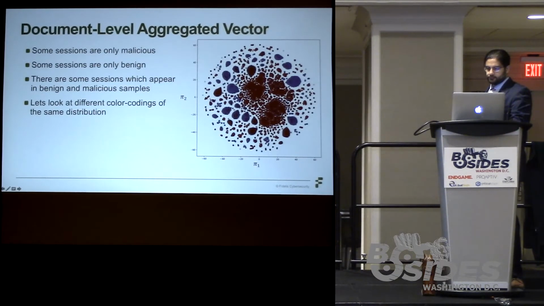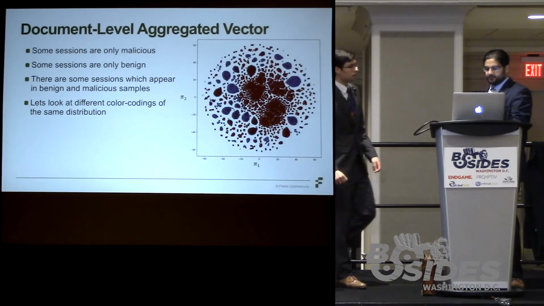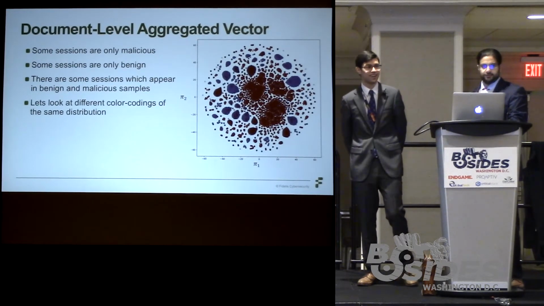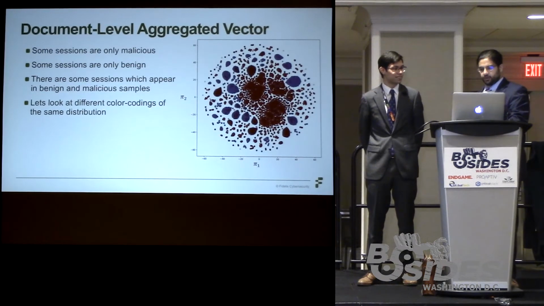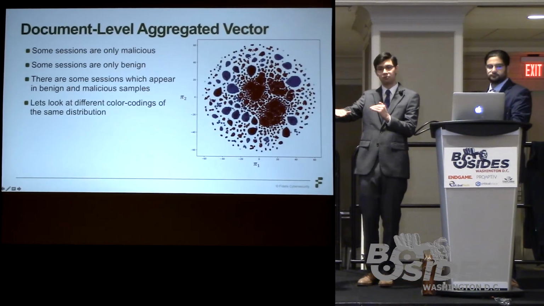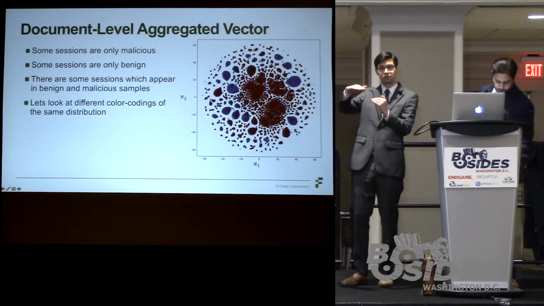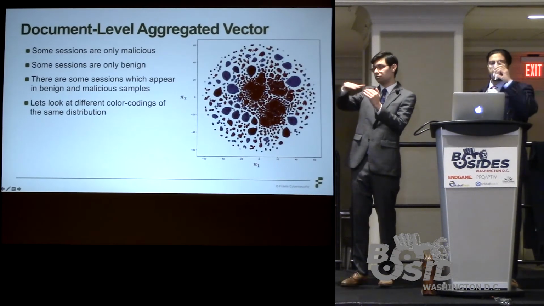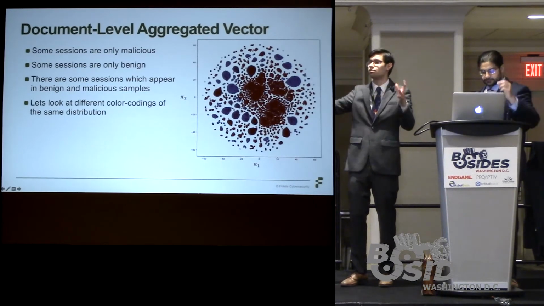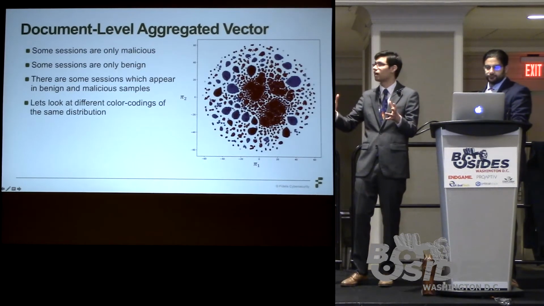I don't know if it's very clear. You have a bit of a muddle here, and here. Even in places where it's relatively clean, it's still a little bit muddled. But there are some regions where it's relatively clear, and some regions where it's sort of isolated. The idea is that since we've gone up a level, from transactions to sessions, we now have an aggregated representation of that whole session.